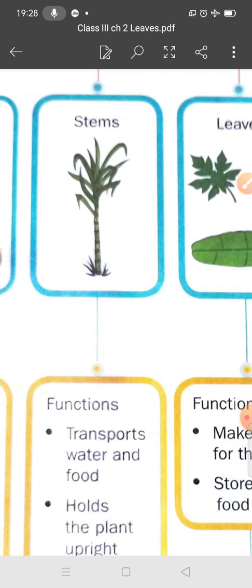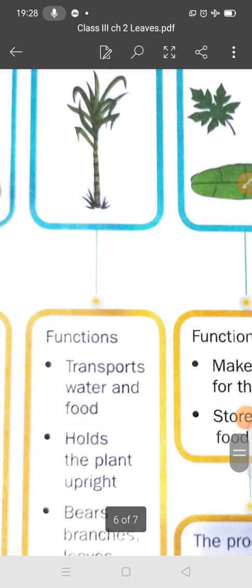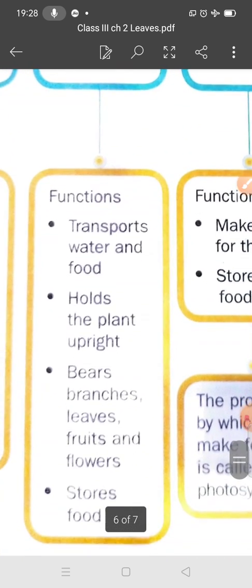Listen carefully. Okay, I hope you understand. So you can say the stem transports water and food, and it holds the plant upright.